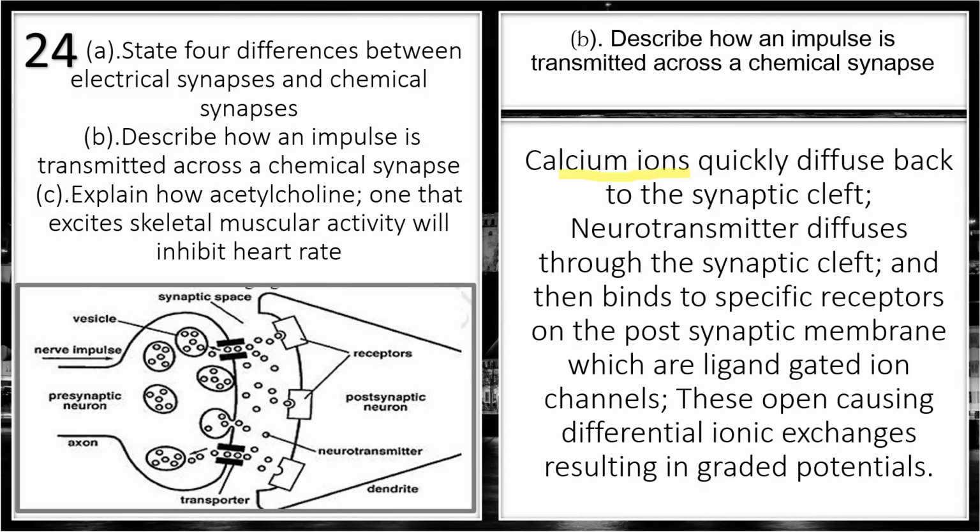Calcium ions quickly diffuse back from the synaptic cleft. Neurotransmitter diffuse through the synaptic cleft and then binds to specific receptors on the postsynaptic membrane, which are ligand-gated ion channels.